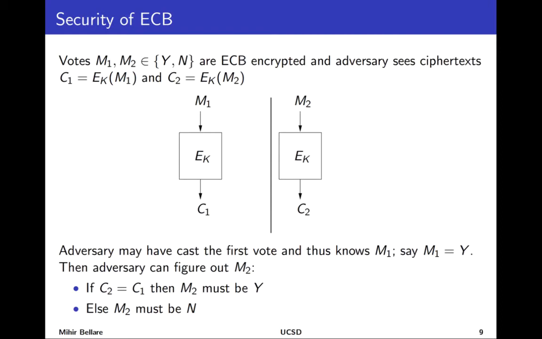Conversely, if M1 is not equal to M2, the permutation property of the block cipher says that C1 is not equal to C2. So if C1 is not equal to C2, the only possible choice for M2 is no. In either case, just by looking at this equality, the adversary has completely decrypted C2 and recovered M2. So that's a violation of voting privacy.